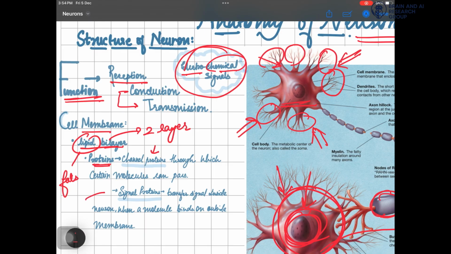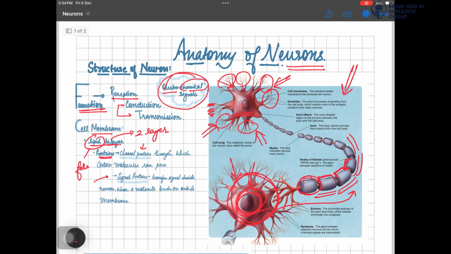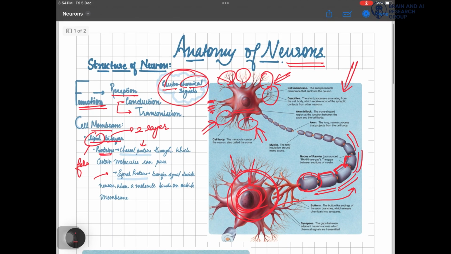One is your channel protein and another is your signal protein. Channel proteins are the type of proteins through which certain molecules can pass through the neuron. Okay, and signal proteins are the type of proteins which transfer signals inside the neuron when a molecule binds to the outside portion of the membrane. Okay, so basically they also transmit the signals but have a slightly different function.